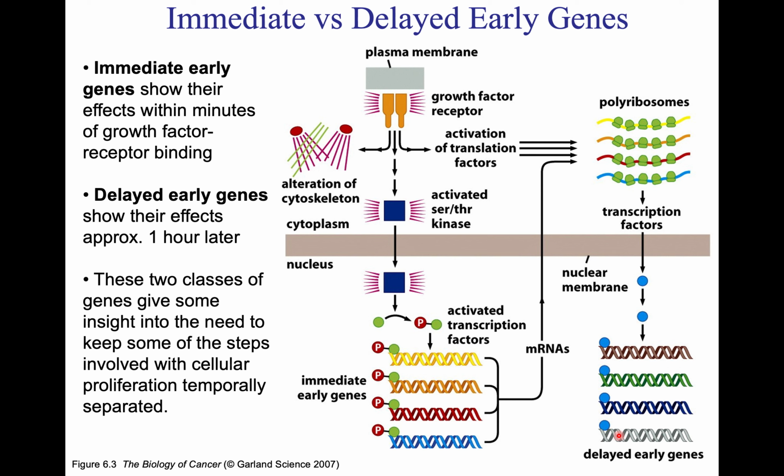And this might seem a little crazy. If the cell just wants to activate these genes, why doesn't it just do that right off the bat? Why have this one-two step to get there? And really the reason is the cell is intentionally trying to create some space, some time to get something else done. Temporal separation would be the fancy way of saying that.